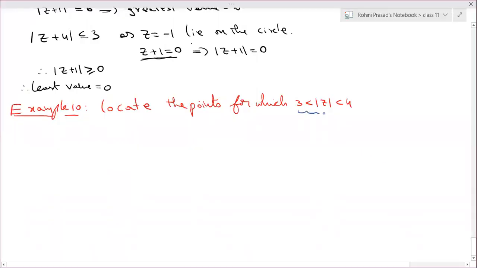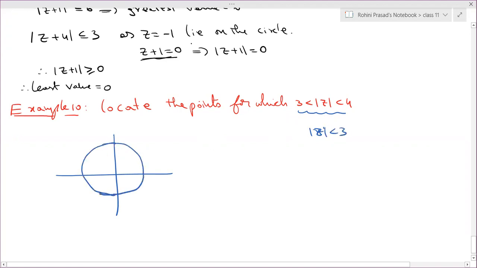The question asked is to locate the points for which mod z is between 3 and 4. You can clearly see that all the points for which the distance mod z is less than 3 means all points which are interior to the circle with radius 3 and center origin. This is what mod z is less than 3 means.